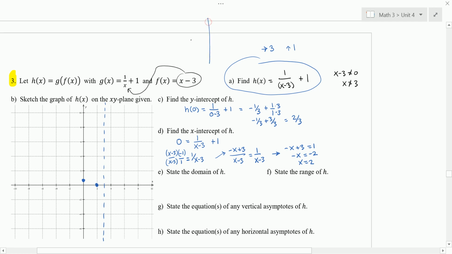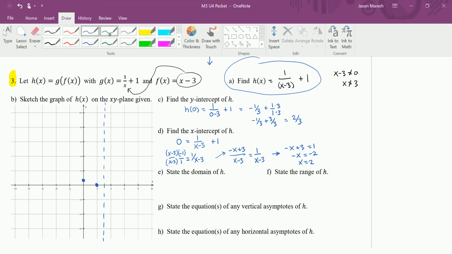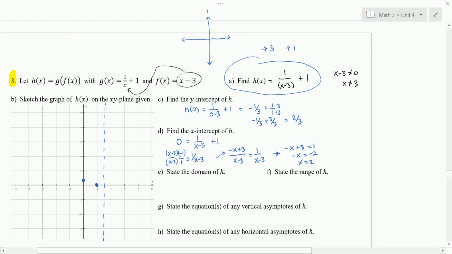Our parent graph had a vertical asymptote going right through the y-axis, or x equals 0, and it also had a horizontal asymptote going through y equals 0, or through the x-axis.